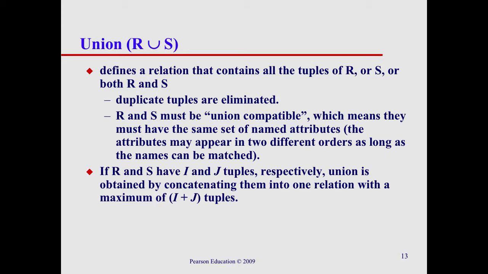And again, there's this notion of union compatibility that you should remember. Union compatible means that you have to have the same number of columns in each of the 2 relations, and that each matching pair of columns have to have the same domain type. They don't have to have the same names, just the same domain type. So union compatible means 2 relations have the same number of columns, and for each matching pair of columns, the same domain type.